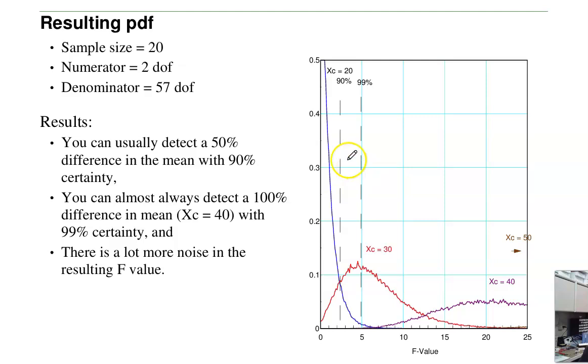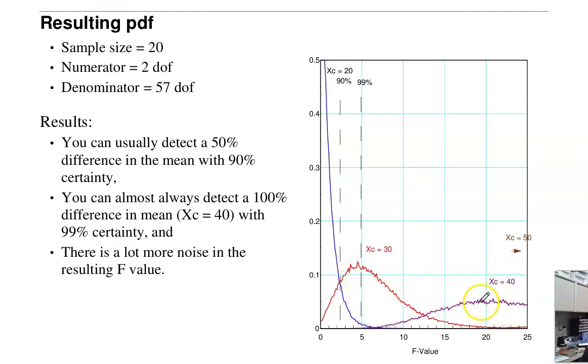What this gives you is, if I have a sample size of 20, and the mean of C is the same as A and B, it sometimes actually fails at the 90% confidence level. Usually it passes at 99%. If the mean of C is 30, it's about 50-50 at 99% confidence level. Usually detects at 90.